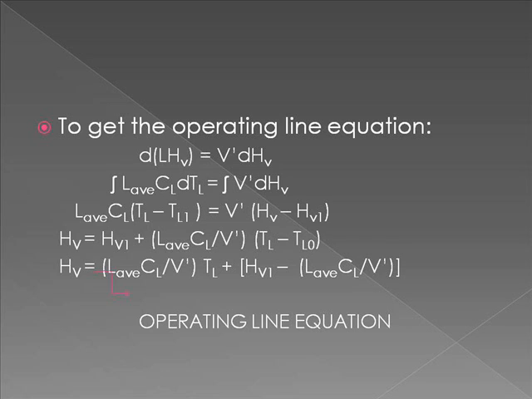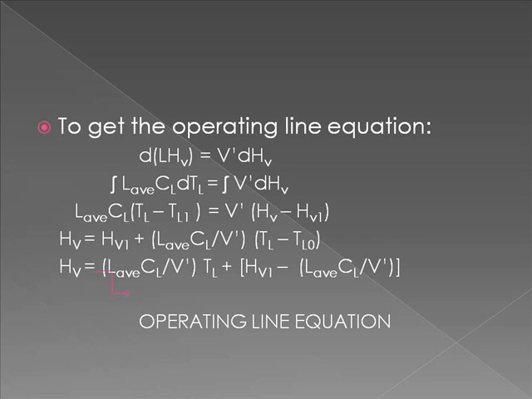Further simplification with HV on the left side, we have HV is equal to HV1 plus L average CL over V prime times (TL minus TL naught). And now we have HV is equal to L average CL over V prime TL plus HV1 minus L average CL over V prime TL naught. This equation is the operating line equation.